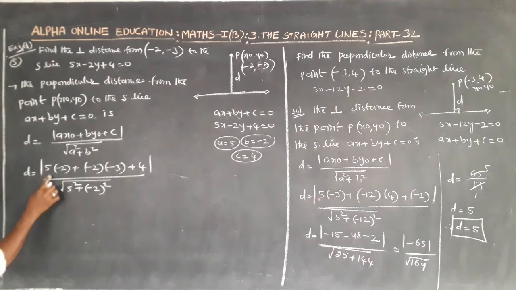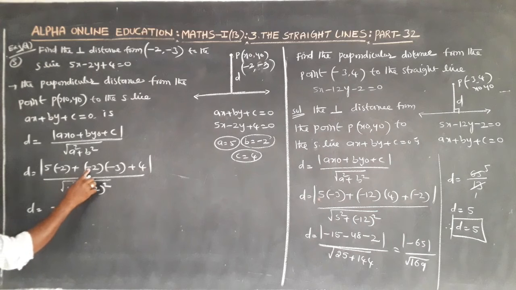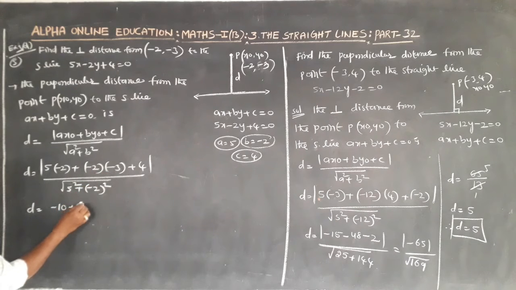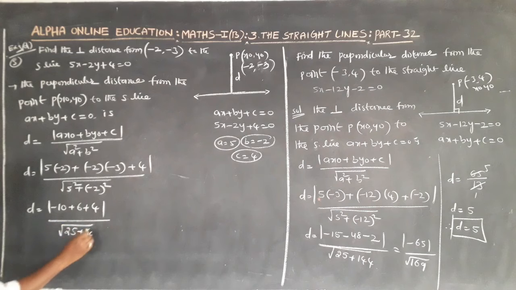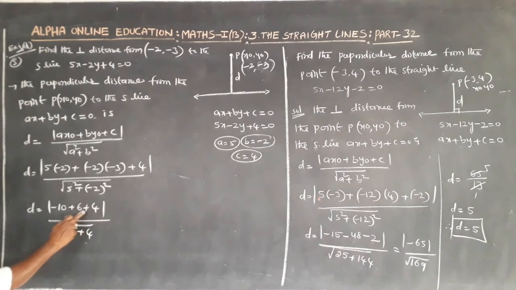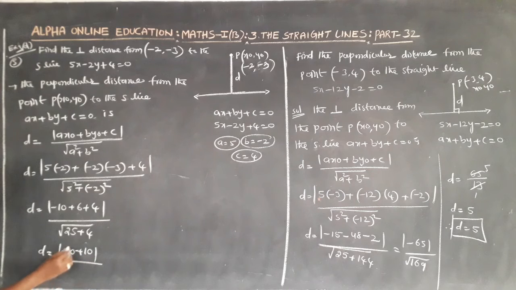D is equal to 5 into minus 2, minus 10. Minus into minus, plus 3 twos are 6, plus 4, by root of 5 square 25 plus minus 2 whole square 4. D is equal to minus 10 plus 6 plus 4 whole divided by root 29.